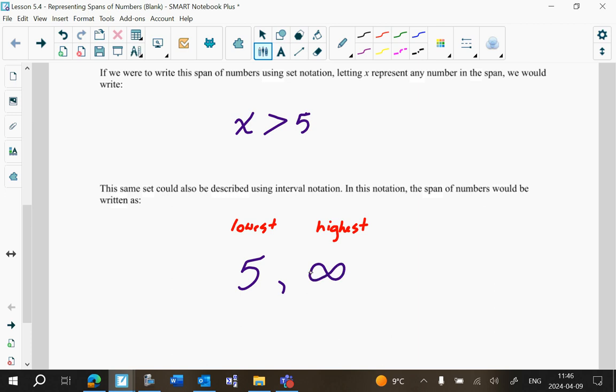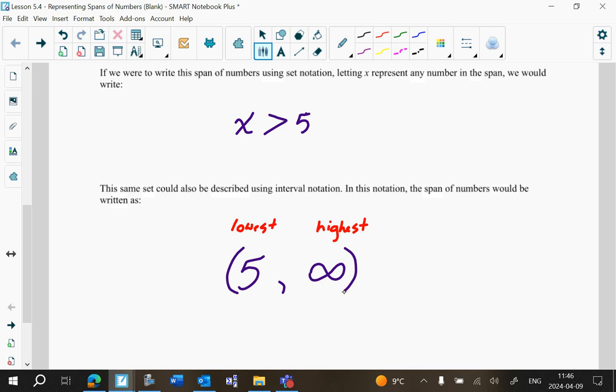Now, we're either going to put parentheses or brackets around it. We put parentheses around it if we don't want to include it. We put brackets around it if we do want to include it. So remember, I'm not including the 5. I put a parenthesis around it. Around infinity symbols are always parentheses. Why?